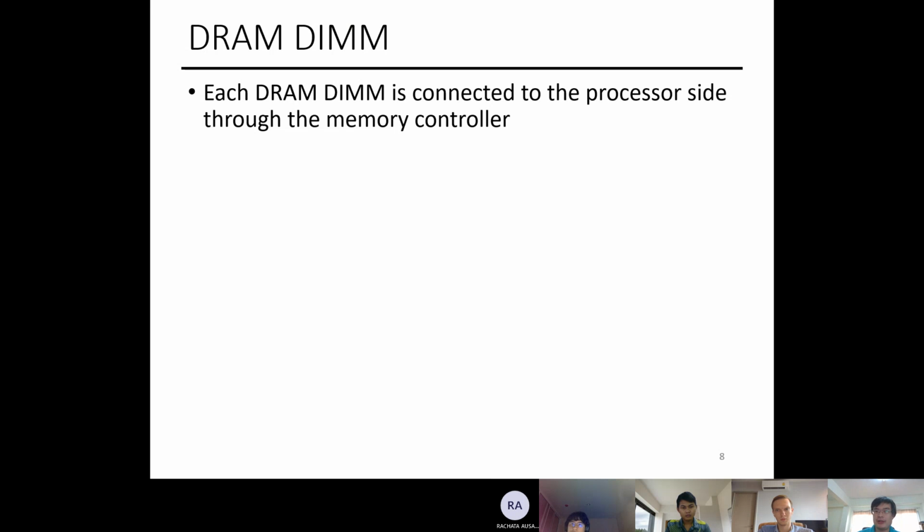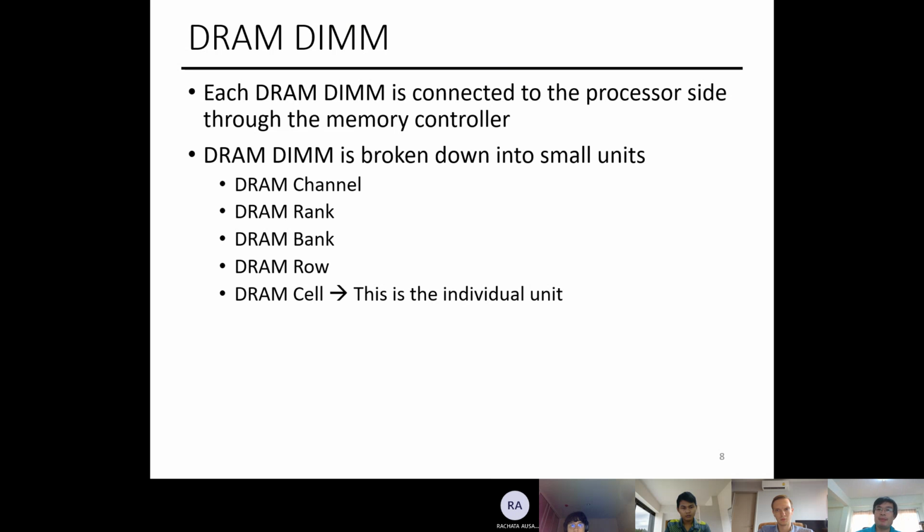We'll go into the detail today. Each DIMM can be broken down into smaller units: channel, rank, bank, row, and DRAM cell. The top one is the larger one, and the bottom one is the smallest unit inside DRAM.